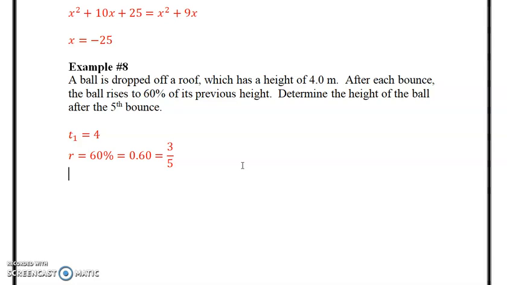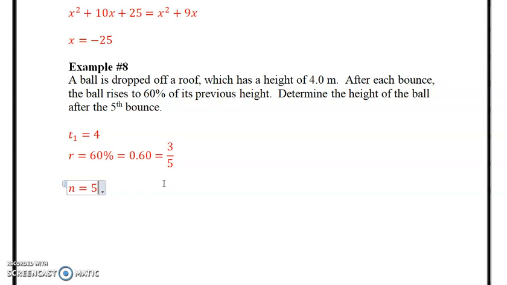N is going to be equal to 5 because we're looking for it after the 5th bounce. So if we pick N equal to 5, that'll determine our height after the 5th bounce.